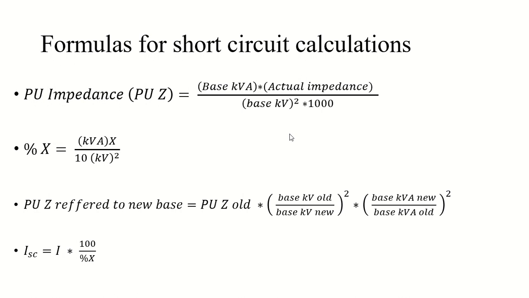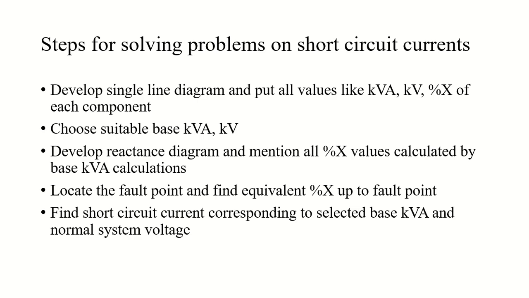If you want to solve problems on short circuit current calculations in which lines are fed by generators through transformers, what are the steps to solve them? Let's go through the steps.